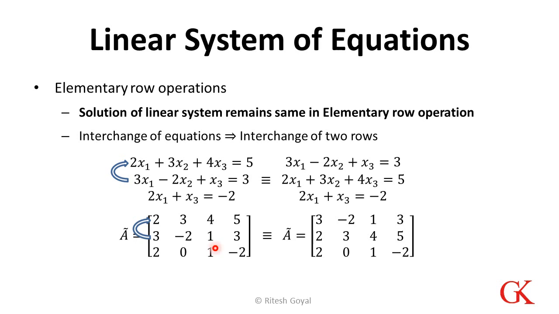In the same way we can interchange rows in the matrix, and we can say the two matrices obtained by interchanging rows are equivalent while considering the solution from these two matrices.